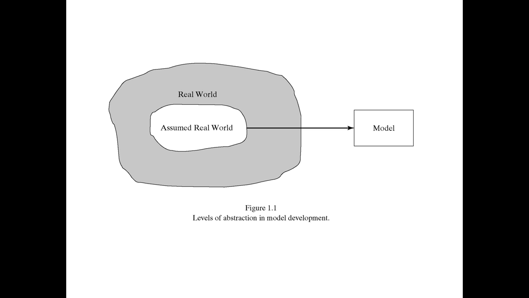What we are seeing here, there are 3 pictures. One picture is an irregular shape outside and the color inside is gray. Then inside there is an irregular picture and it is in white. There is an arrow which is pointing outside, and after the arrow, you have a rectangle which is called model.